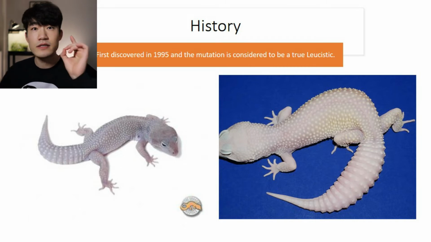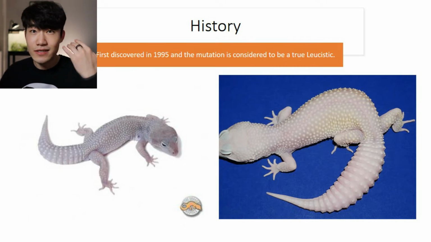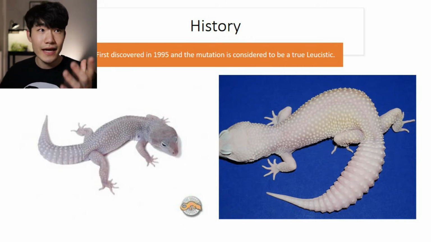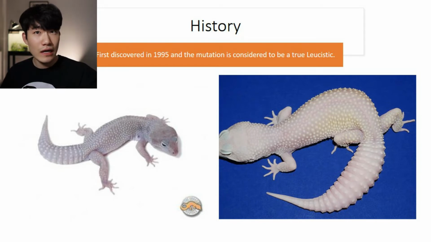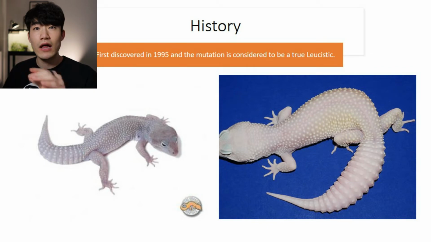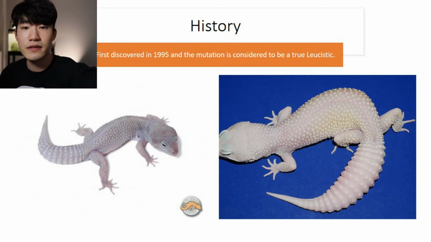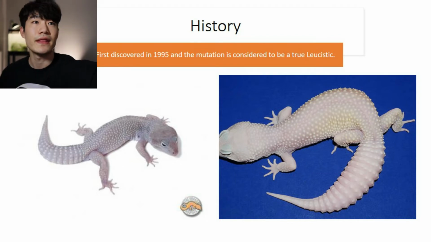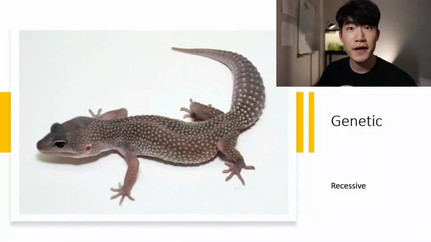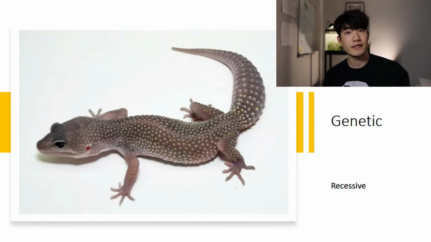But basically this is one of the gecko morphs that is considered to be leucistic, and that is why they don't have any pattern. It's just white or dark or gray or yellowish color with no pattern at all. So that is basically the brief history about the Blizzard. And the next step for the genetic part is going to be the recessive.